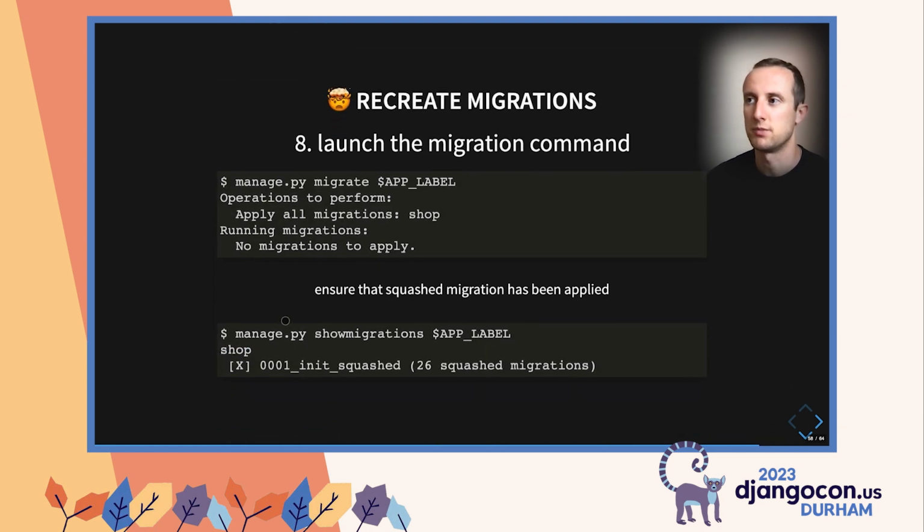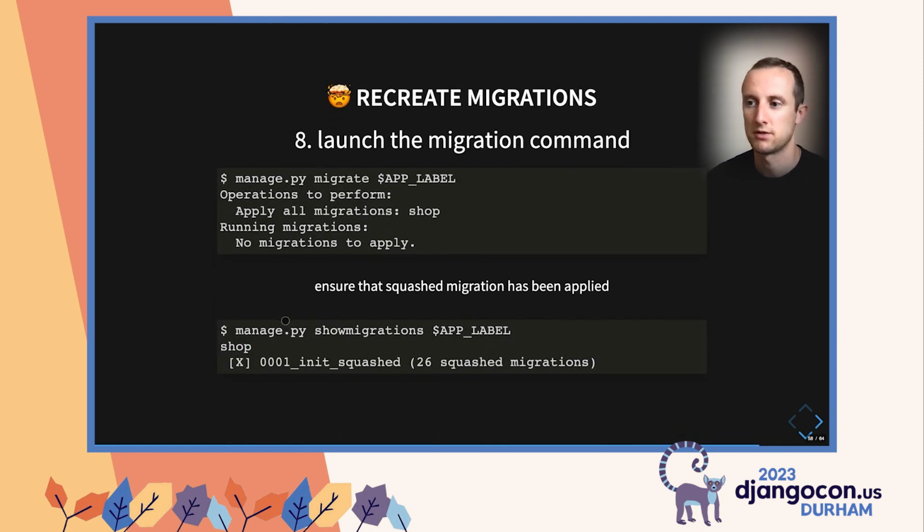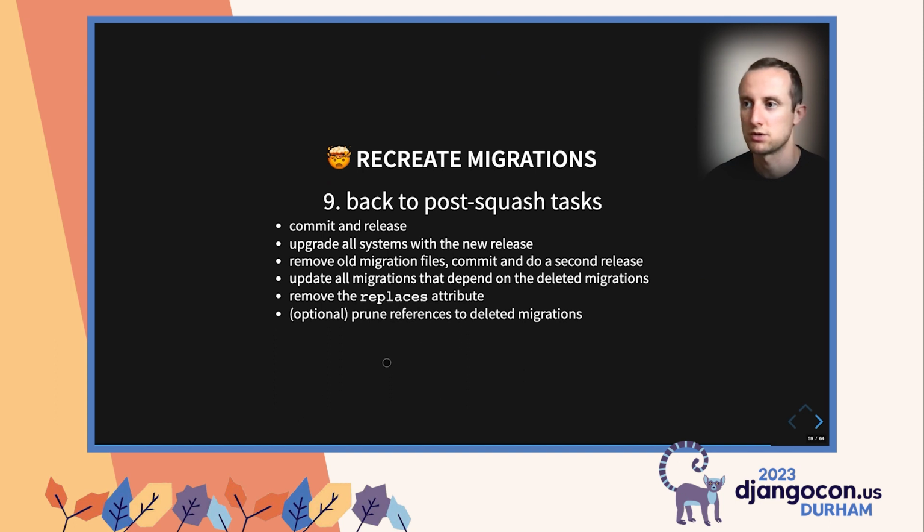Then you can launch the migrate command in order to apply this init_squashed. And then again, back to post squash task. So commit and release, upgrade all systems, remove all migration files, recommit and do a second release, and so on. Then everything should be perfect.